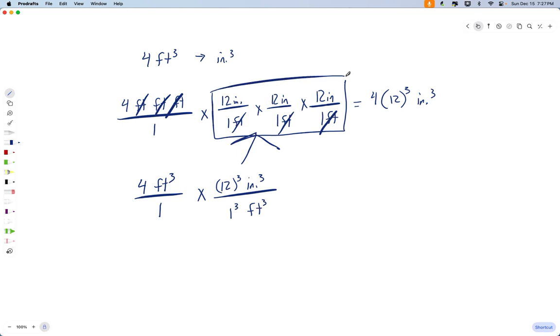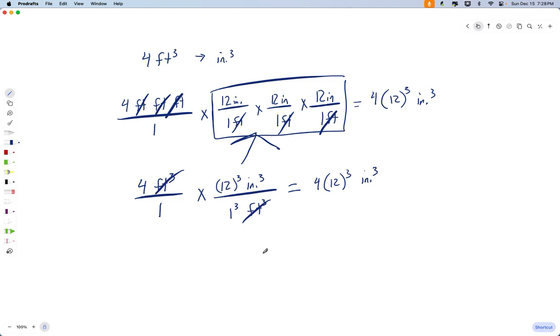By cubing everything here, we're saying, I'm going to write this 3 times, 1, 2, 3, and the same for each of the four pieces. So then we can just go straight to our answer. This cancels this. And we have 4 times 12 cubed inches cubed. It's the same exact answer, but it takes up less paper and it's less writing.